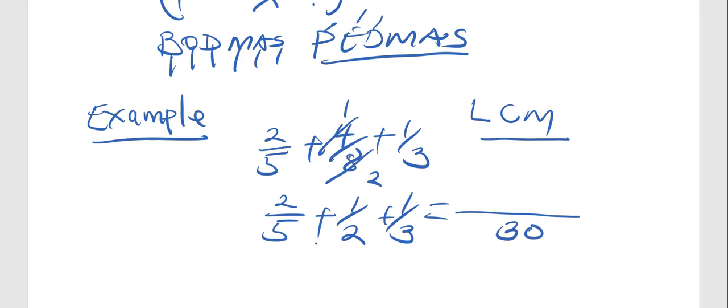So 5 enters into 30 how many times? You take 30 divided by 5 times the numerator. So 30 divided by 5, you get 6. 6 times 2, you get 12.